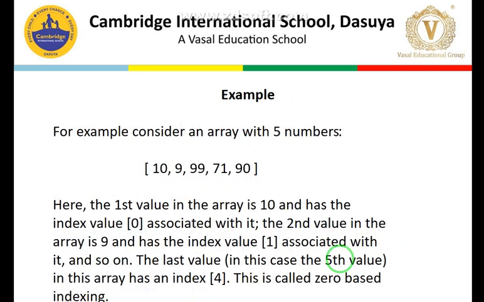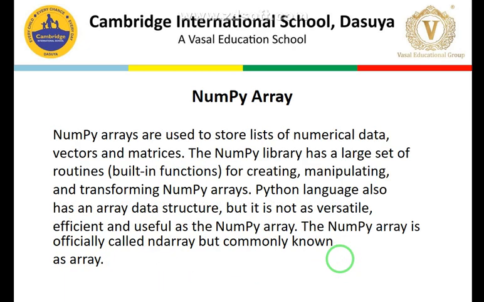We took the example where the first element 10, clear, is accessed by index value 0, and similarly the second value, that is 9, is accessed with index value 1, and so on. So this was the example of how we use the index in a one-dimensional array.